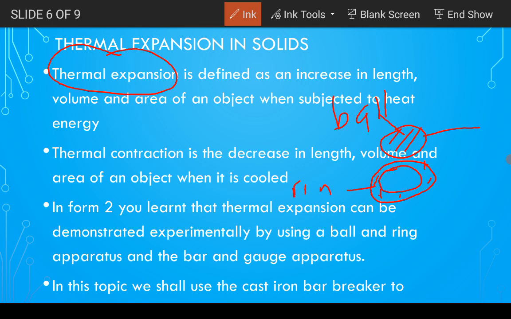So you do recall that before the ball is heated, and allowed to pass through the hole, the ball could pass through it very easily. But when the ball is heated, due to expansion, it is going to become larger, too large to fit into the hole.